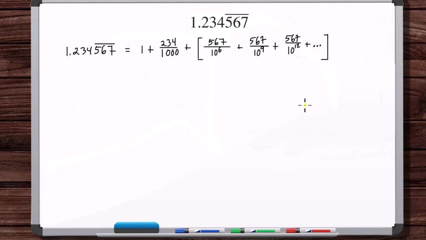Okay, and so this infinite sum here, the first term is over 10 to the 6th, so 1 minus the common ratio.